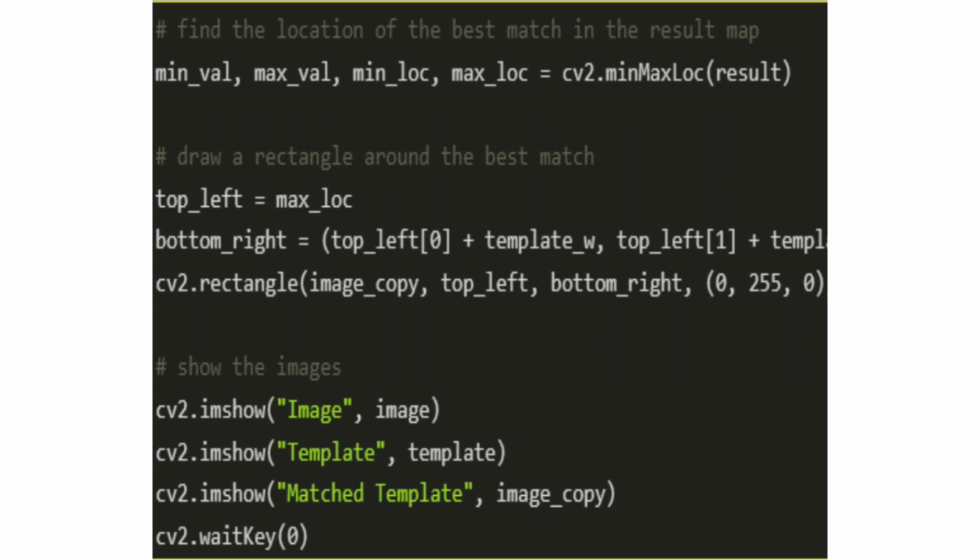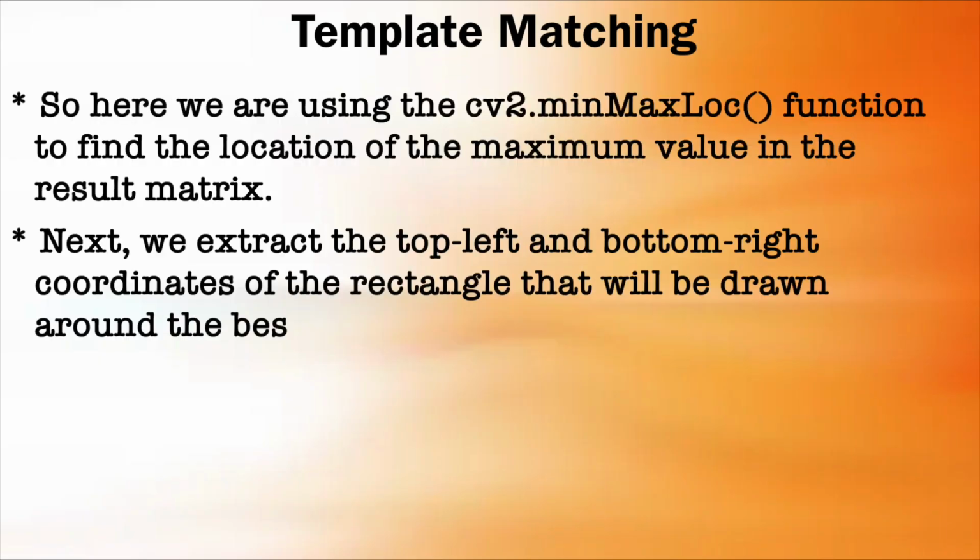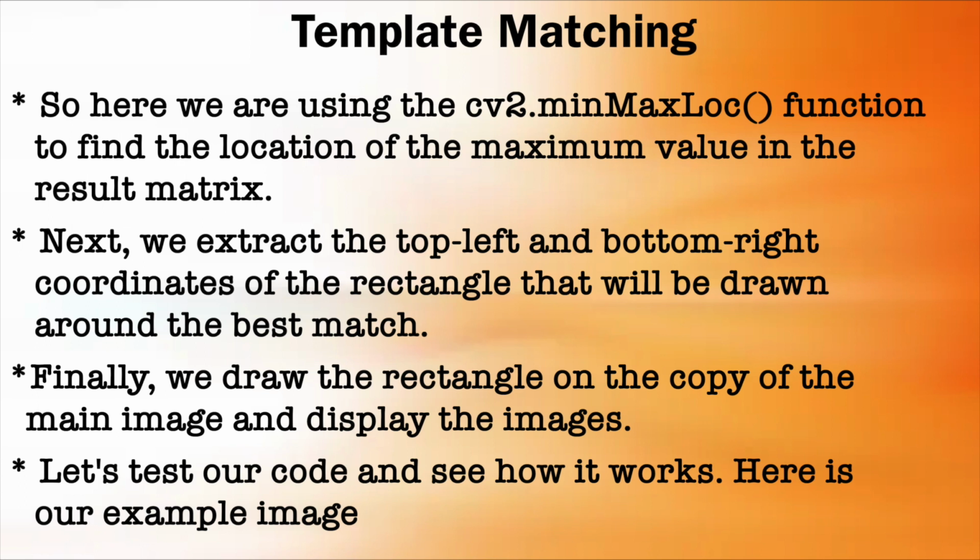So here we use the minimum and maximum location with cv2.minMaxLoc. This function searches the location from left to right and top to bottom. So the process of matching the template against the input image goes from left to right with 0 to 255 grayscale level images. We use the cv2.minMaxLoc function to find the location of the maximum value of the result matrix.